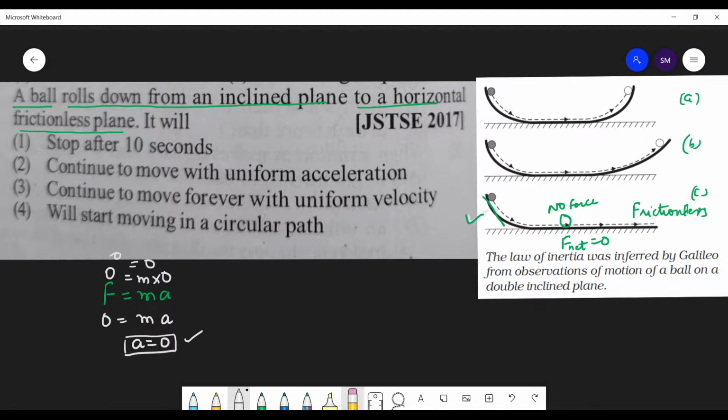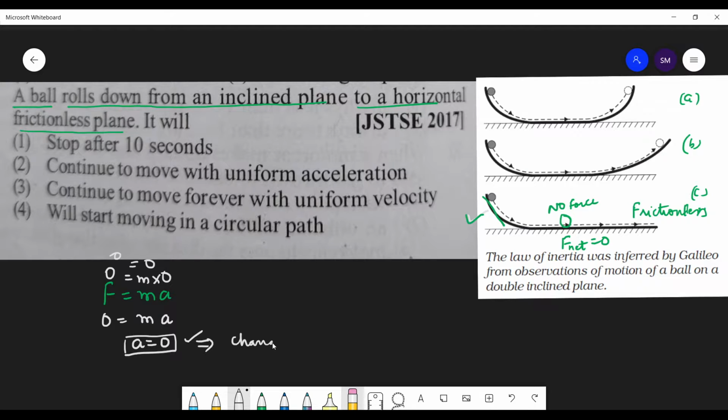So which of the four options are correct? Sir, option 2. What about option 3? If acceleration is 0, what is acceleration?